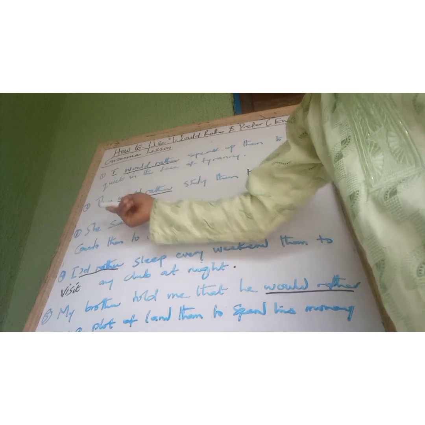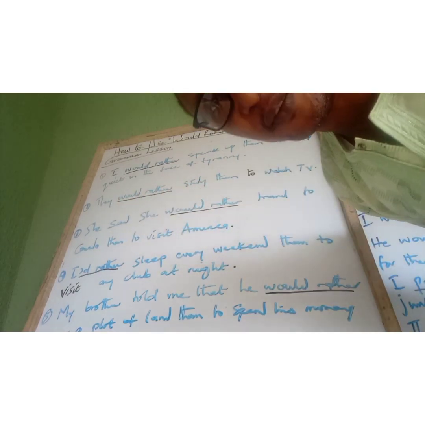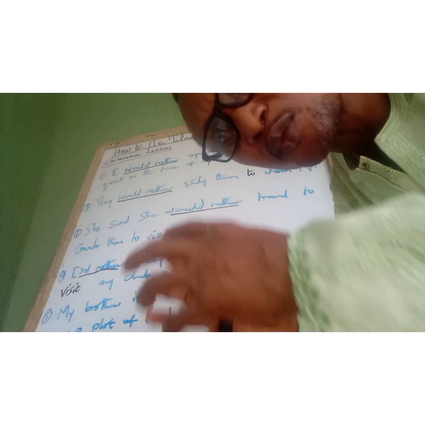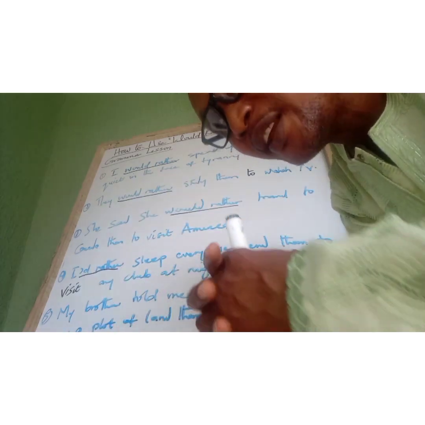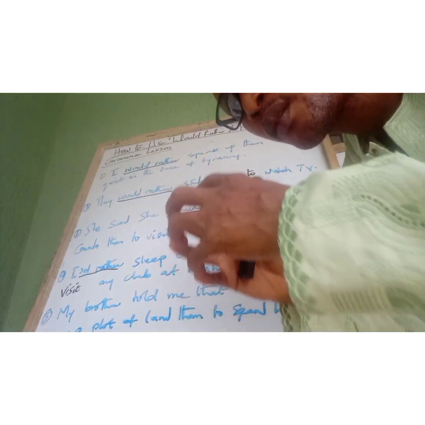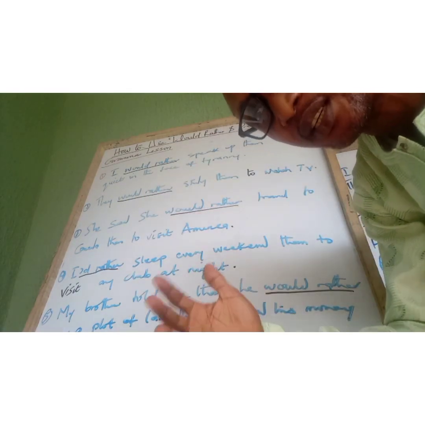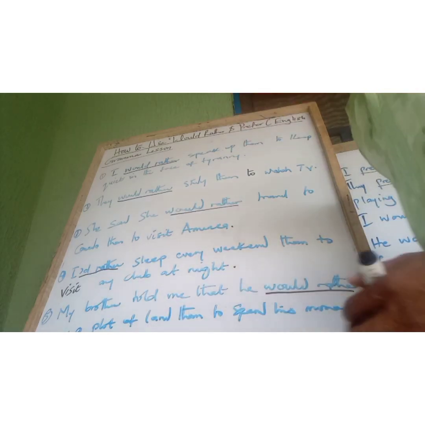The next one is, they would rather study than watch TV. I've discovered that this is one of the reasons why Asian students, especially the Chinese students, have emerged as academic superpowers: they would rather study than expend time on watching television.